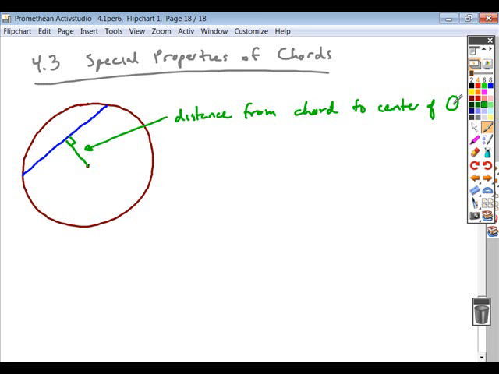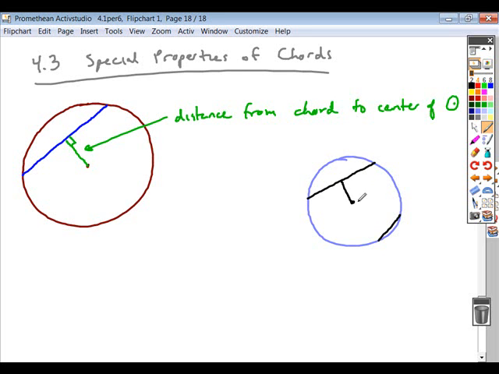As far as this distance is concerned, there's several relationships that you need to be aware of regarding a chord and its distance from the center. And one of them is pretty self-explanatory.